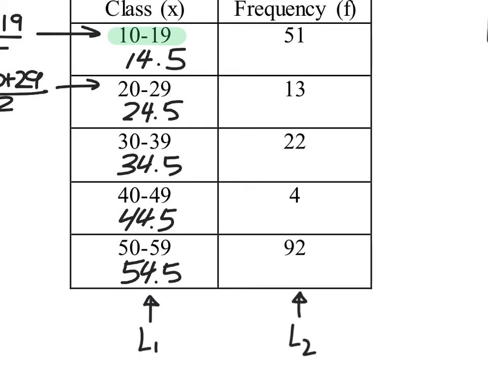All right, so stat edit. Now to clear your data, very important, because people want to hit delete to wipe out an entire column, and that ends poorly. You can overwrite the data. The problem is, if for a previous problem you typed in 30 pieces of data and now you only need to do it for 5, that's a lot of deleting to have to do. What you do is you go right up to the column heading, so right onto L1, hit clear, don't hit delete, hit clear, and then enter.